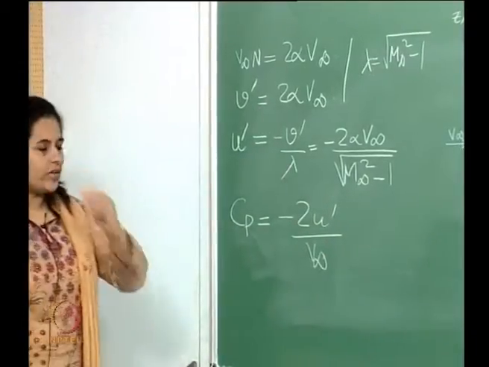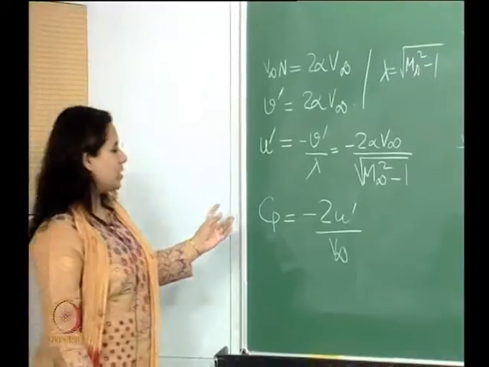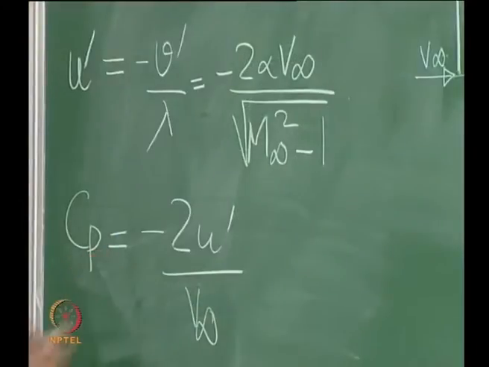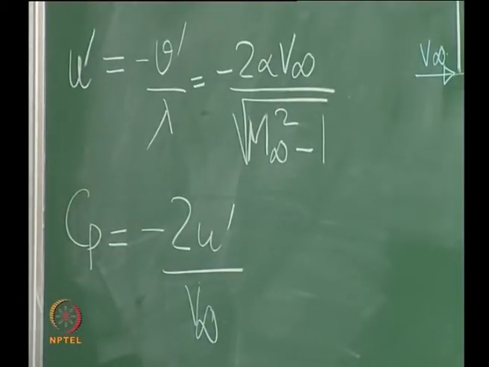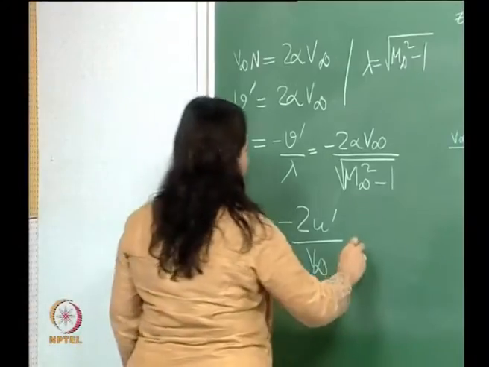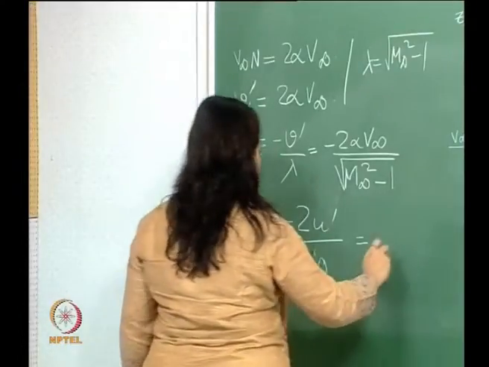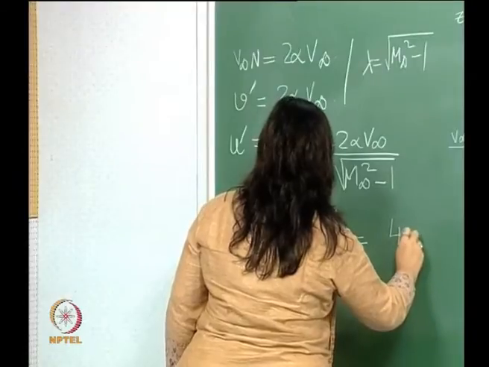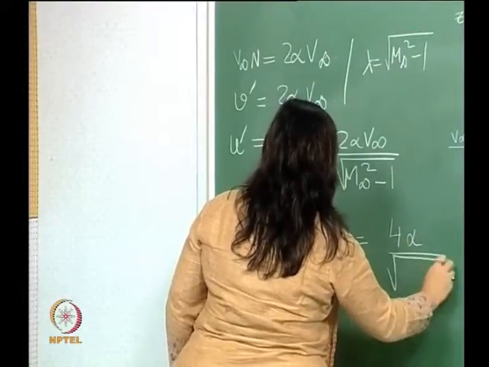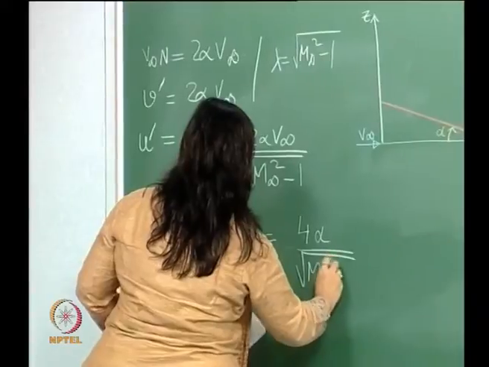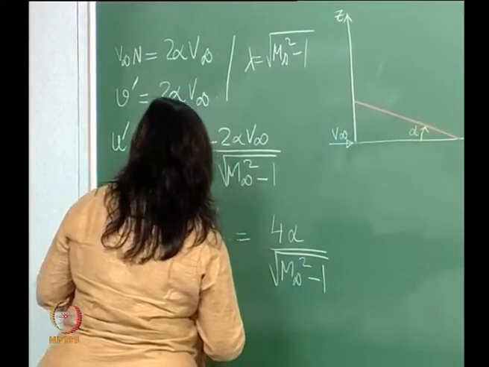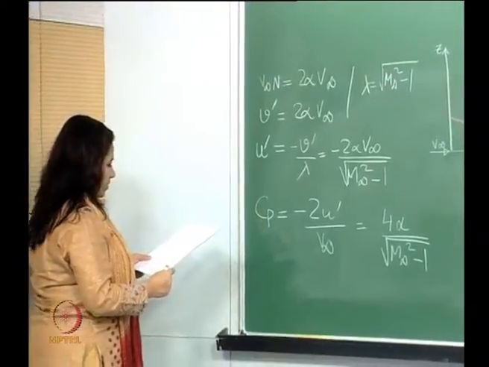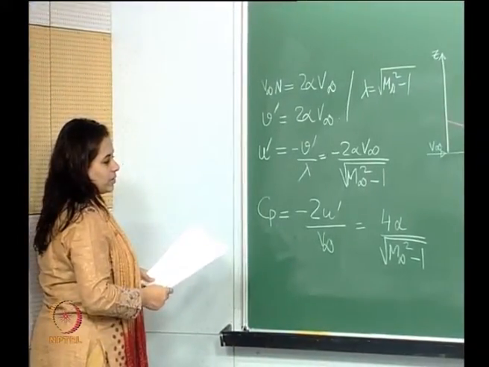Okay. This is something we have done using perturbation theory. We have done this so many times, right. So, if I do this, therefore from here this becomes 4 alpha by this.